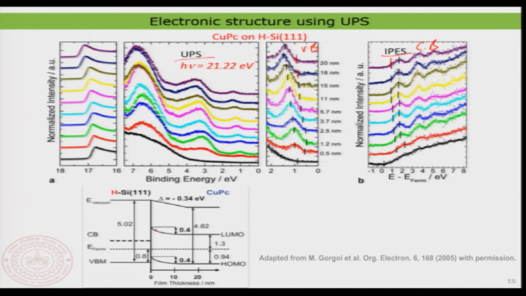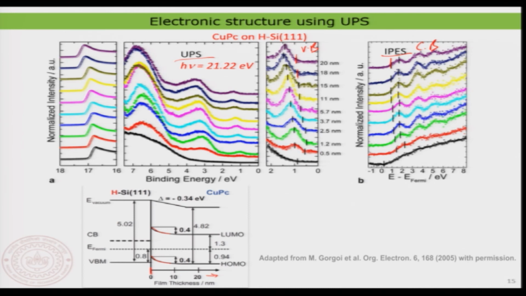So, that means the LUMO and the HOMO of the molecule with respect to the surface density of states are changing as we move away from the interface. This represents the film thickness. This is the interface, and as the thickness of the film increases, you can clearly see that the molecular HOMO-LUMO is also changing with respect to the conduction band and valence band of the surface.